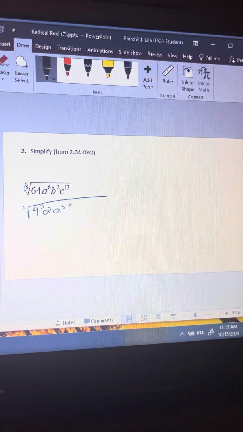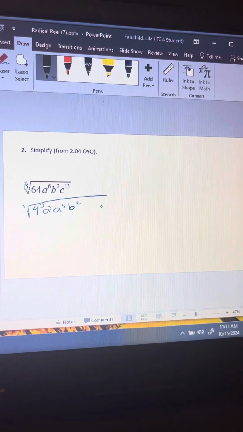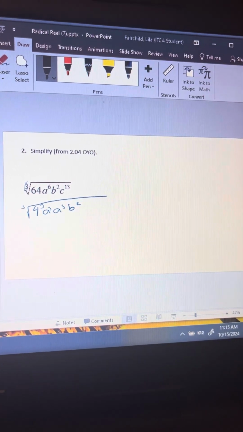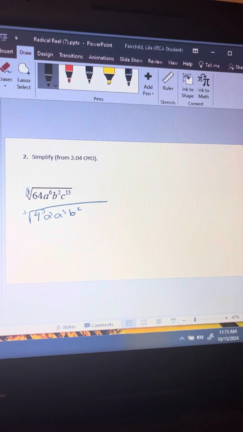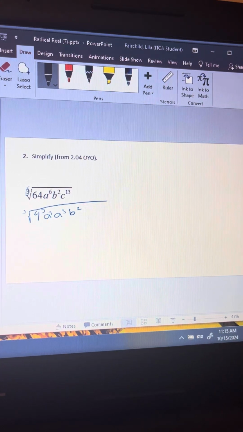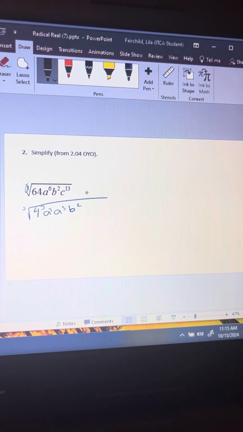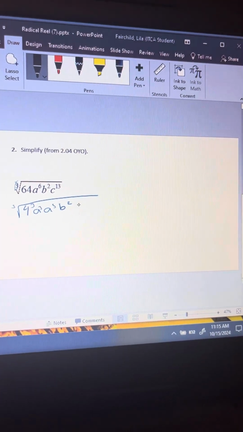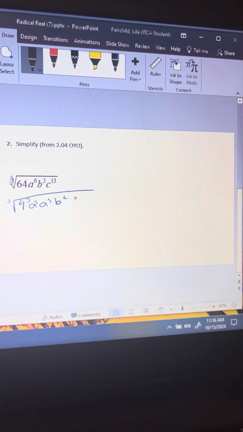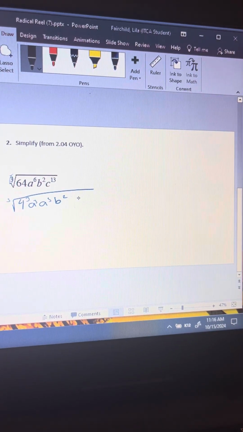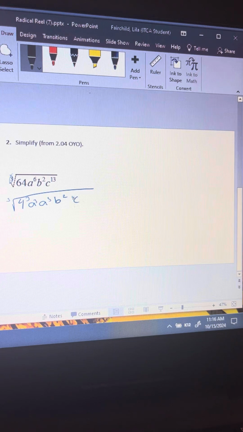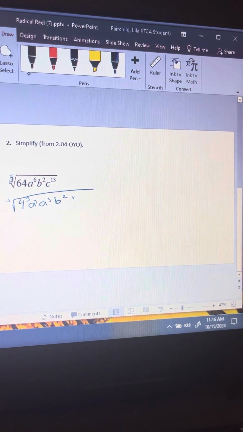And then for the b, you can't really do anything, so it's just going to be b to the 2 still. And then for c, it's c to the 13th, and there's 4 c's in it. Oops, I put that in the wrong place.